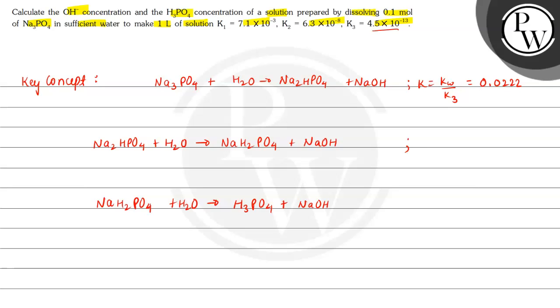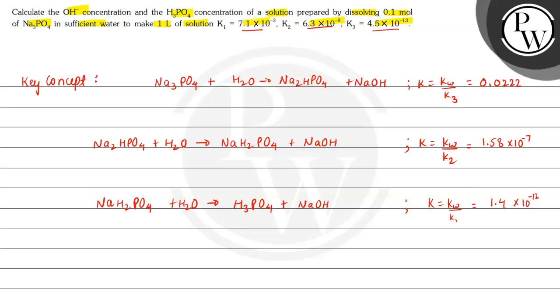For the second equation, the value of K will be Kw divided by K2, that is 1.58 multiplied by 10 raised to power minus 7, as K2 in this case is 6.3 multiplied by 10 raised to power minus 8. Now the value of K1 is 7.1 multiplied by 10 raised to power minus 3. So for the third equation, the value of K will be Kw divided by K1. On solving, this will be equal to 1.4 multiplied by 10 raised to power minus 12.